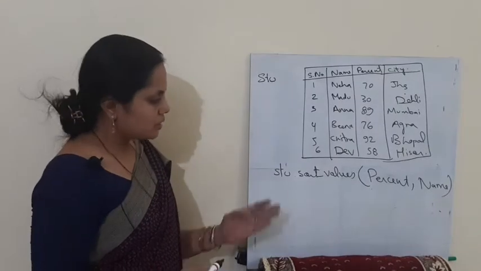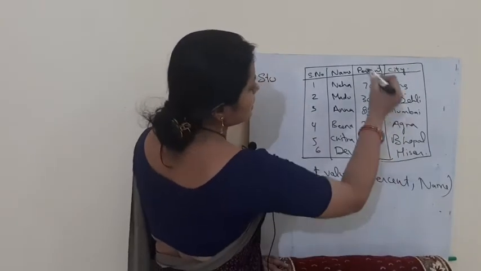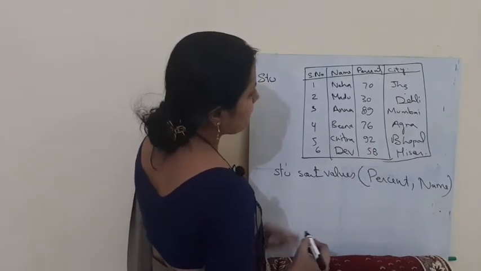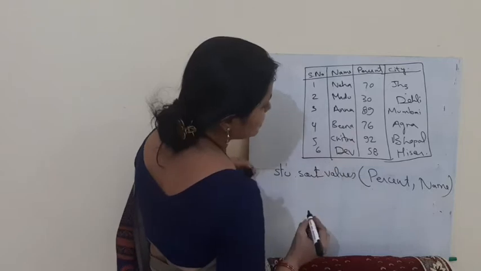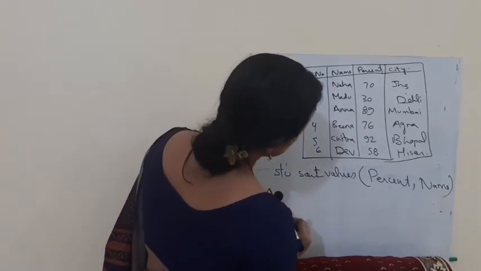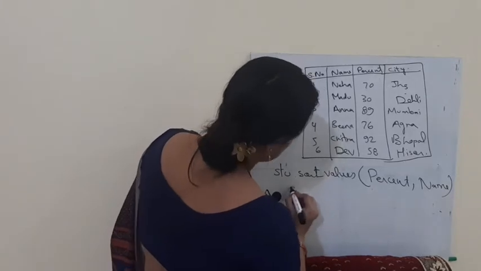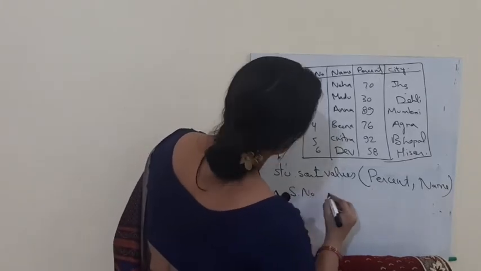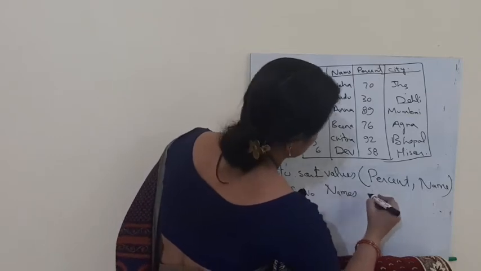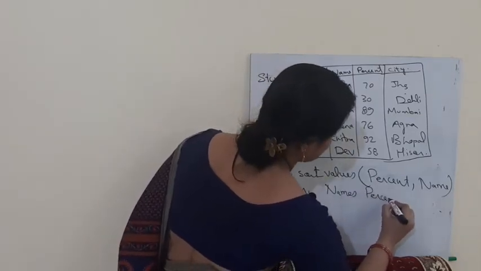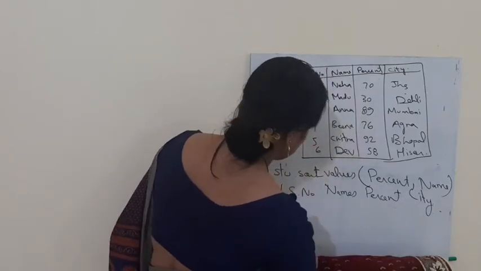This is my table. Now what will be the answer? First, the table will be sorted according to the percentage. The resultant will have serial number, names, percent and city.